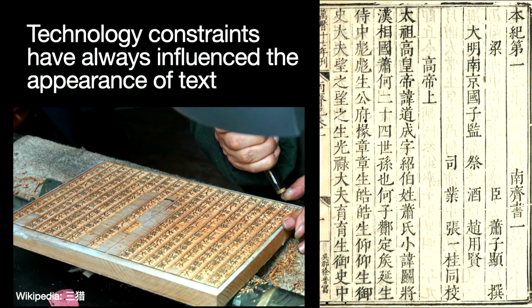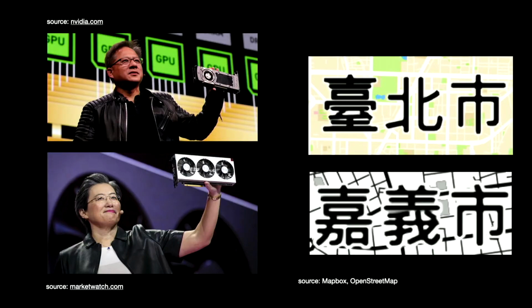So it was much easier to draw a thin stroke horizontally than vertically. So this is 1,000 years ago. But 1,000 years later, our tools look more like this on the left. They're GPUs, and maybe the design of our tools now is going to influence how text looks. But I don't think that's very satisfying from a design perspective, to always have one style of rounded font.